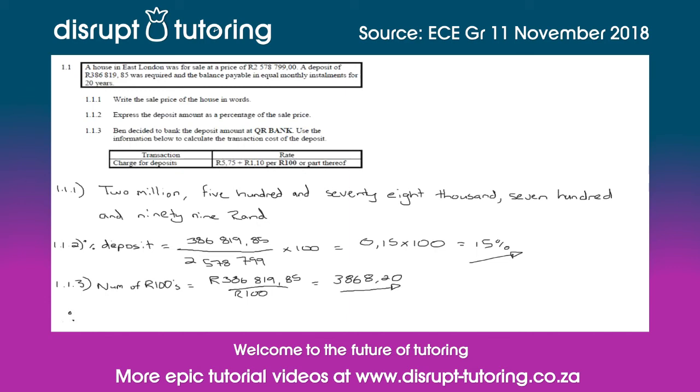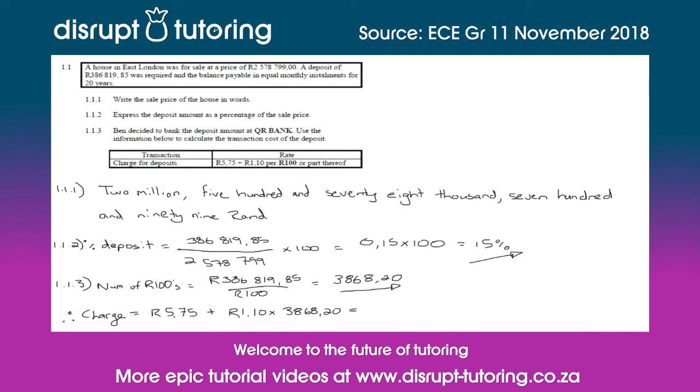So then therefore our charge, we can use that formula, equals R5.75 plus, it says R1.10 multiplied by this 3,868.2, which comes to a total.